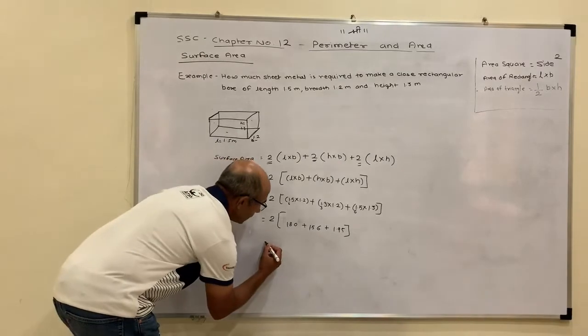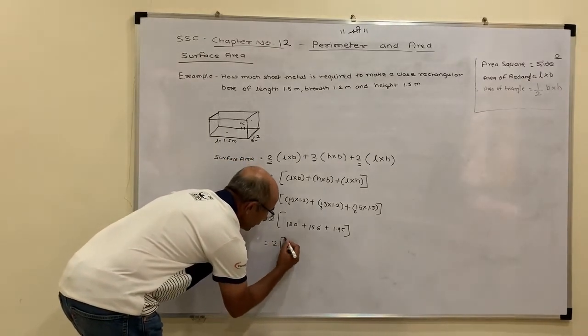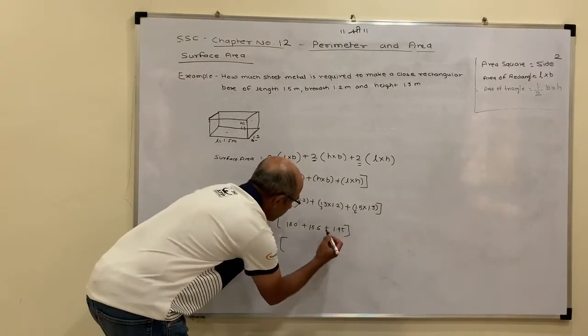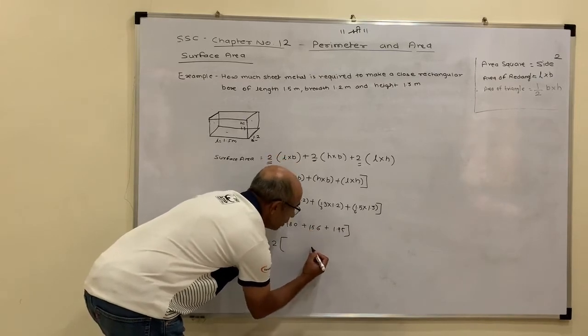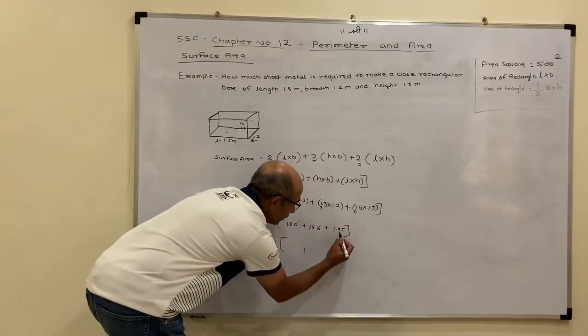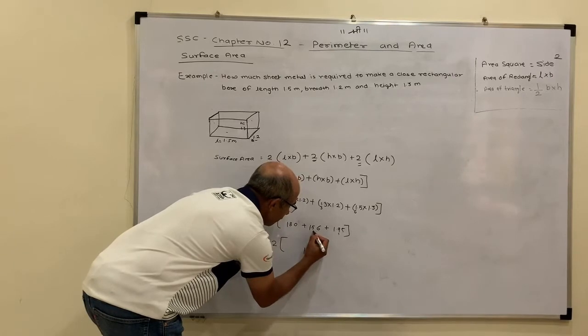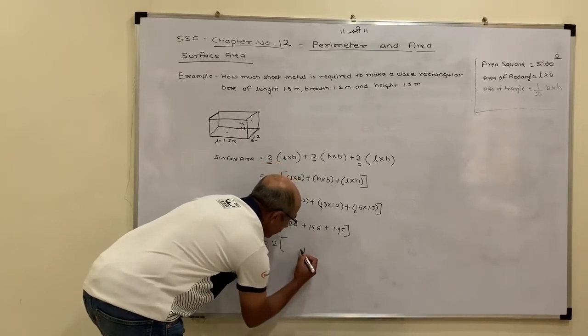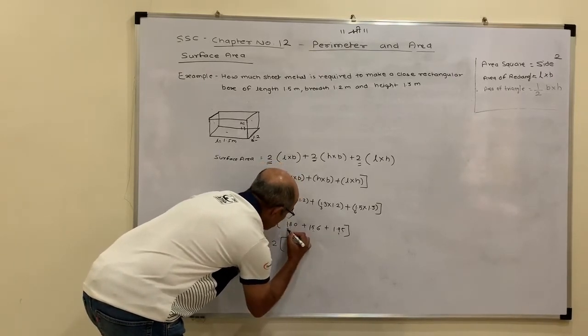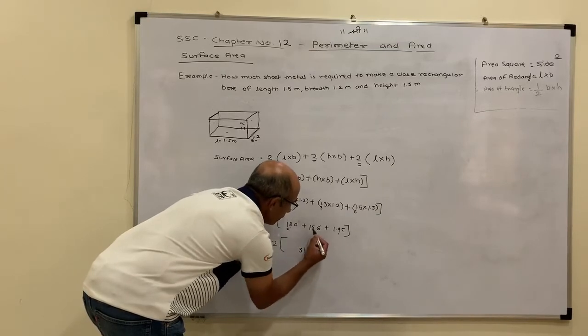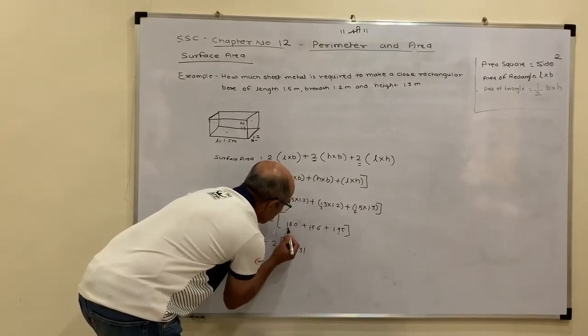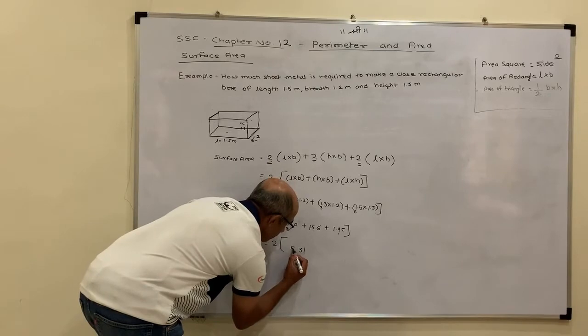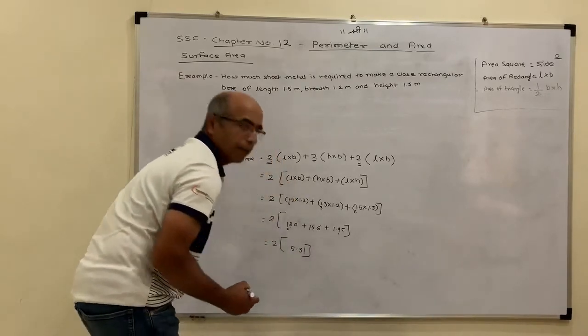Ultimately it comes out to be 2 inside the bracket, 5.31.